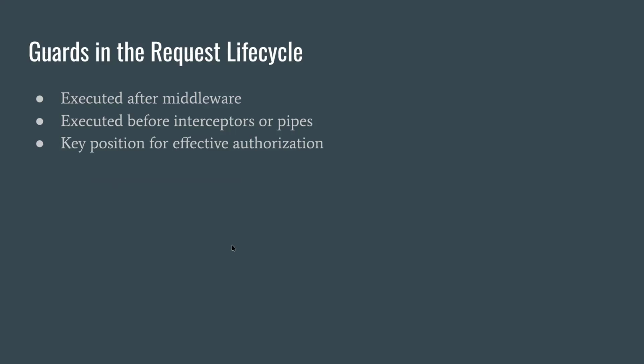This specific positioning allows guards to effectively manage authorization right before the request is processed further. This makes guards a powerful tool for ensuring that only authorized requests are allowed to proceed.